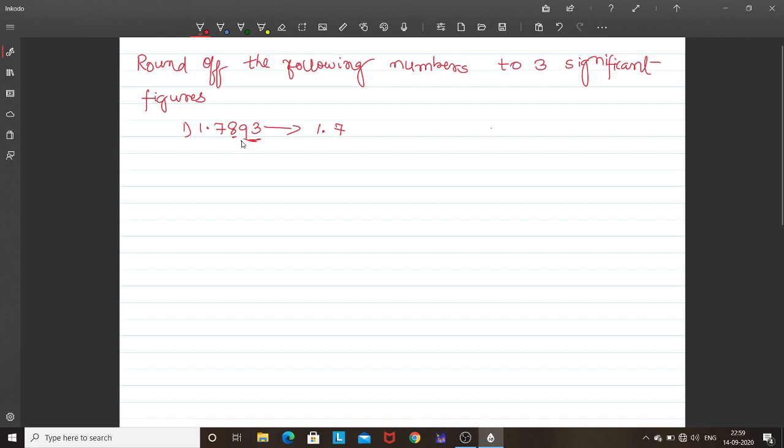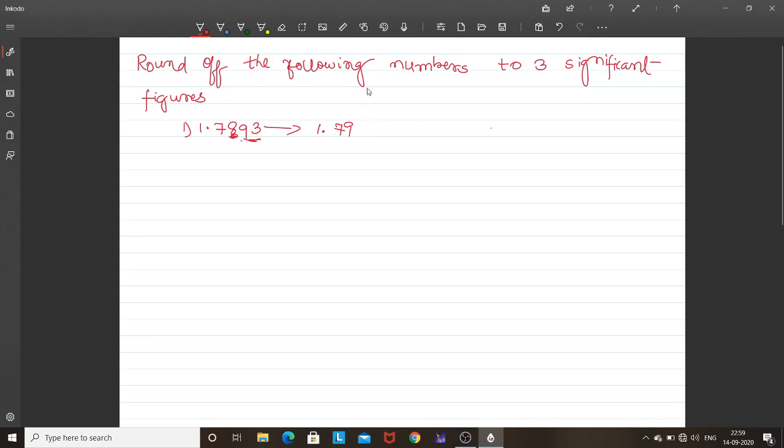So it is greater than half a unit in the nth place, so you have to increase the nth digit by unity. The nth position here is 8, I have to increase this number by 1, 8 plus 1 is 9. So your new rounded off number is 1.79.